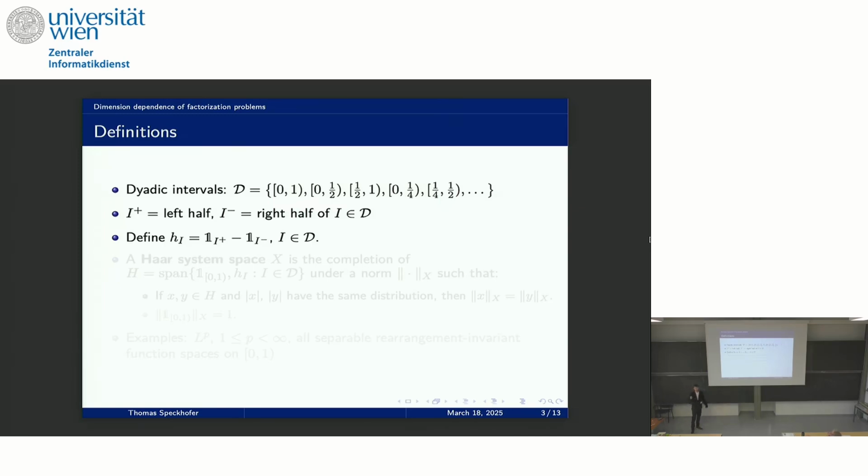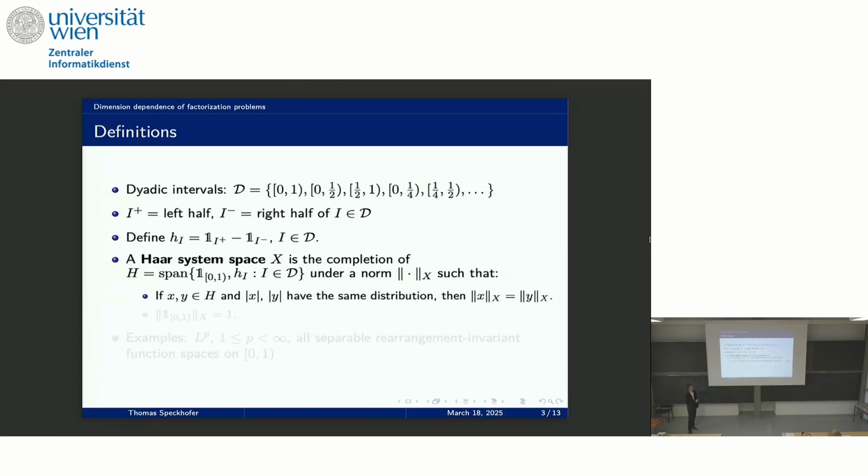Okay, so the first class of spaces, I will do this step by step, is called H-system space X. This is just the completion of the linear span of the H-system, together with the constant function to express functions that don't have mean value 0, but this will not be essential, under a norm with two properties. First of all, we demand that if x and y are finite linear combinations of the H-system and their absolute values have the same distribution, then the two functions should have the same norm.